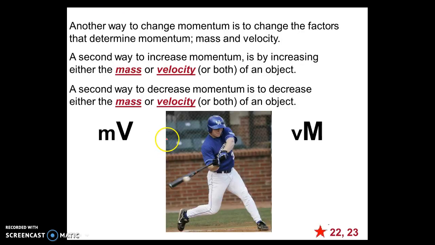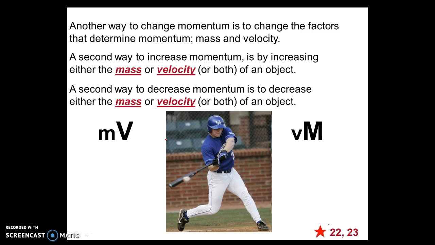Another great example is batting in baseball. You can change your momentum a variety of ways. The mass obviously stays the same; we're talking about the mass of the ball. But the way you control the ball is the velocity of the bat, the speed at which you swing.